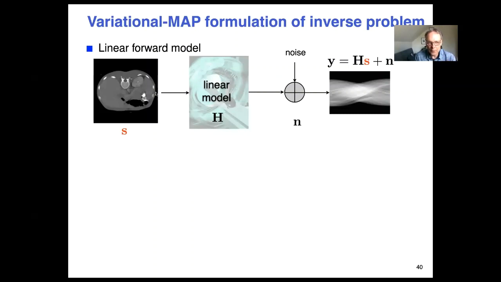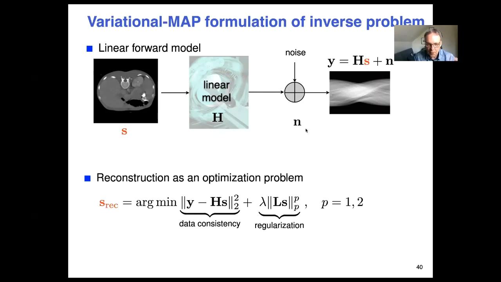So we have again, let's say, an unknown density, your linear model H, and you have noise. The problem is to reconstruct S given those noisy measurements. We have seen, in the 20th century, we write it like that with a 2 here, and that can be either Wiener or Tikhonov. And for compressed sensing people, we put p equal to 1.